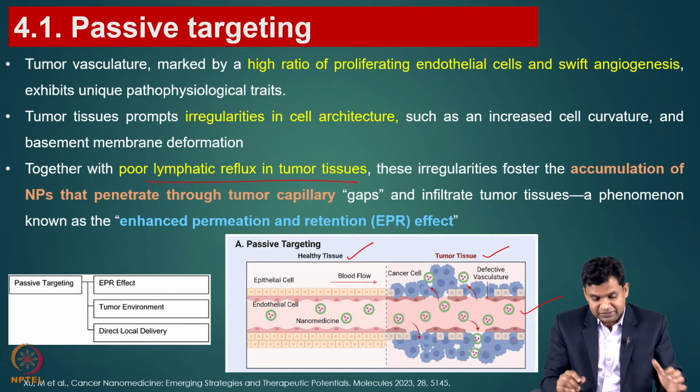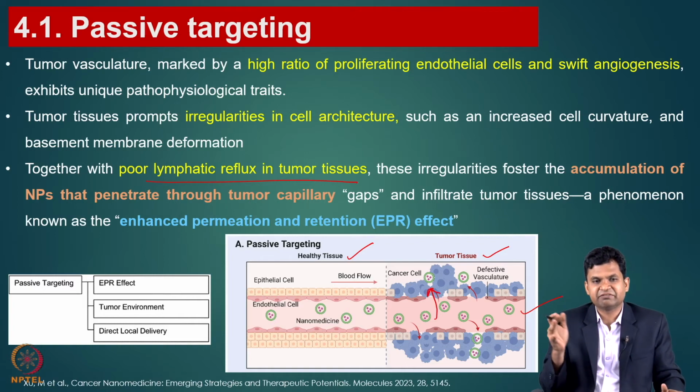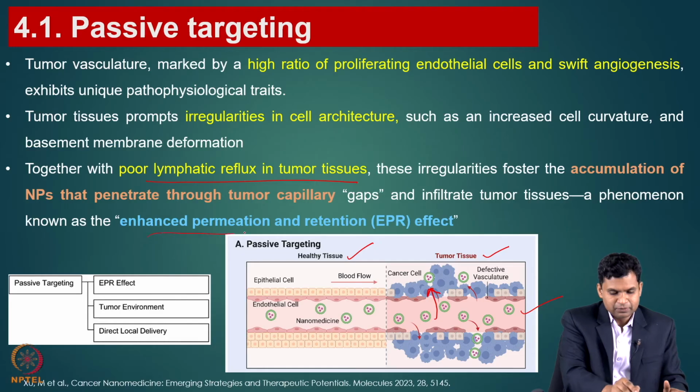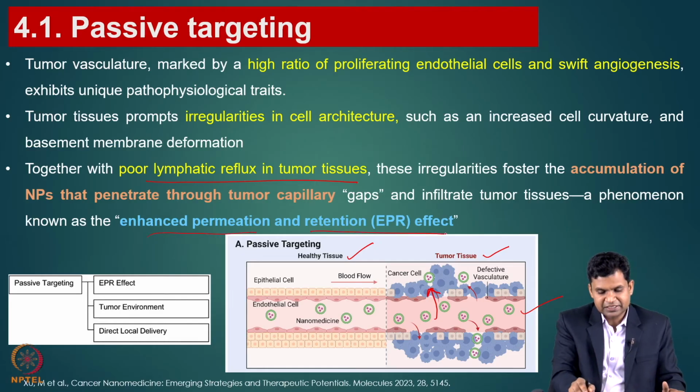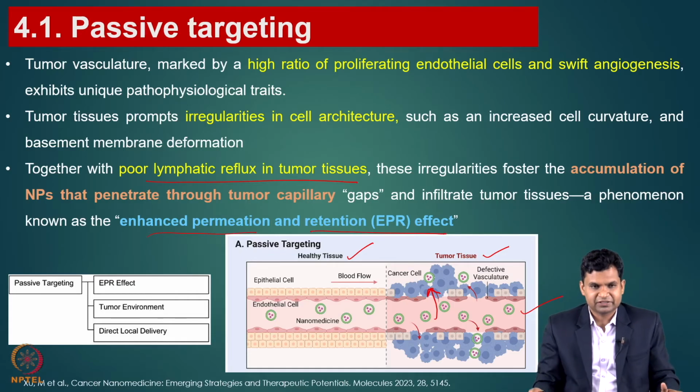So, when blood flows in the cancer tissues, the chances of retention and penetration are very high. So, it is called the enhanced permeation and retention effect. That is the EPR effect.